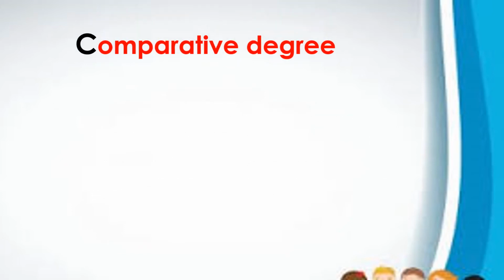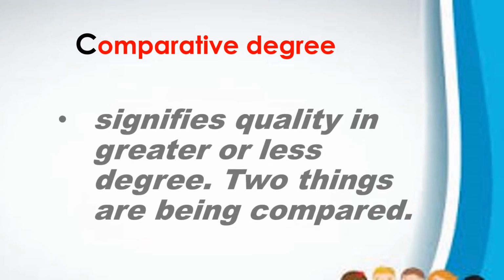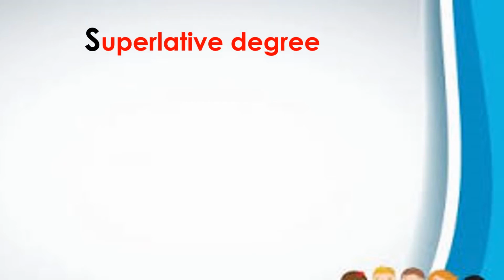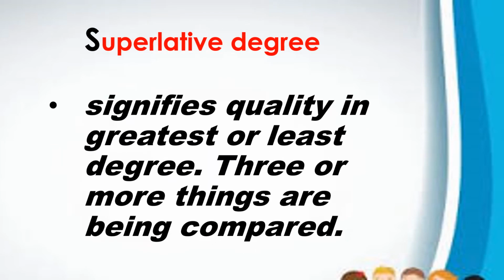On the other hand, comparative degree signifies quality in greater or less degree. Two things are being compared. While superlative degree signifies quality in greatest or least degree. Three or more things are being compared.